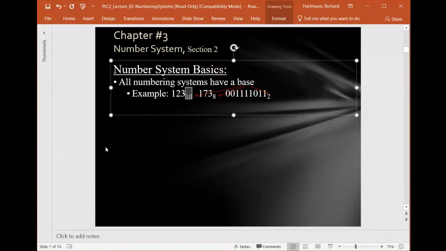Using something like PowerPoint, or Microsoft Word, or some other fancy word editor, you can do subscripts and superscripts and all kinds of funky font stuff. But in basic programming tools like the Allen Bradley PLC ladder logic, you can't put subscripts in there. So you can't put a subscript base 10.